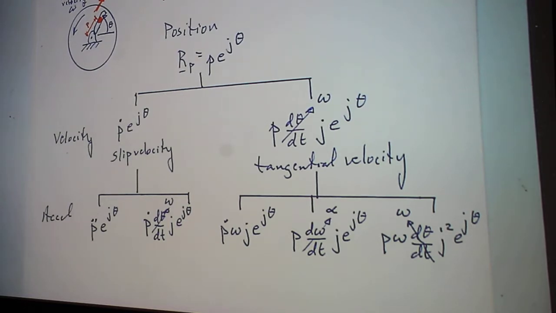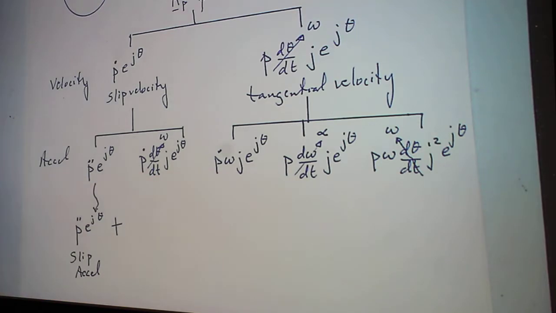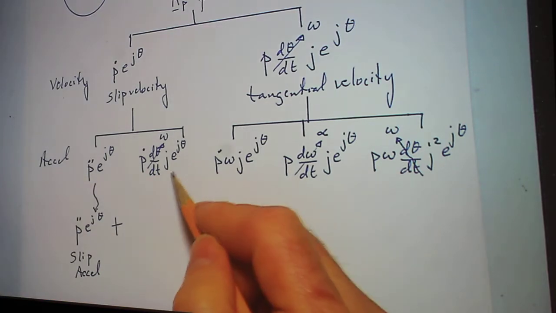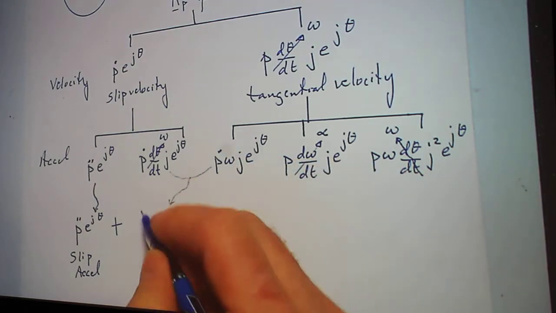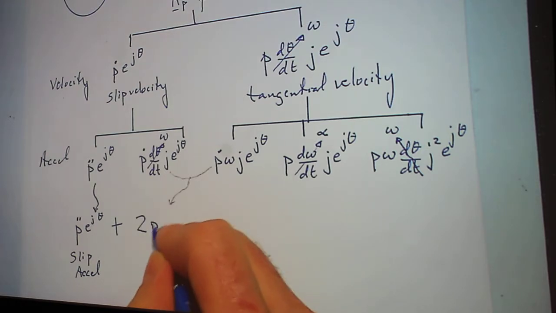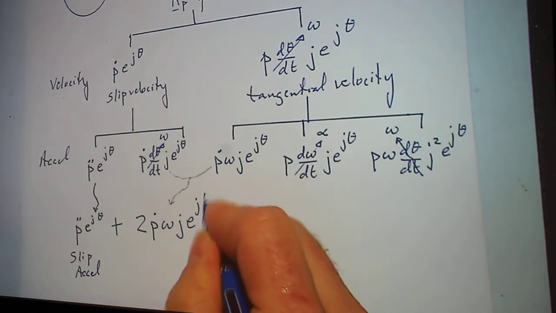Let's go ahead and combine these things. So let's drop this one down here. And this is simply P double dot e to the j theta. And that is your slip acceleration. Plus, notice that these two things here are the same thing. So I can drop that down, and that is 2 P dot omega j e to the j theta.